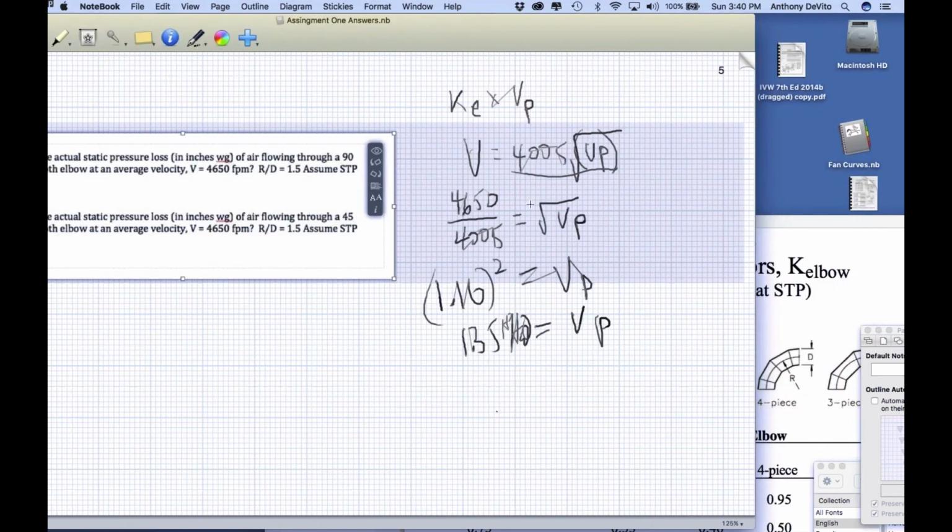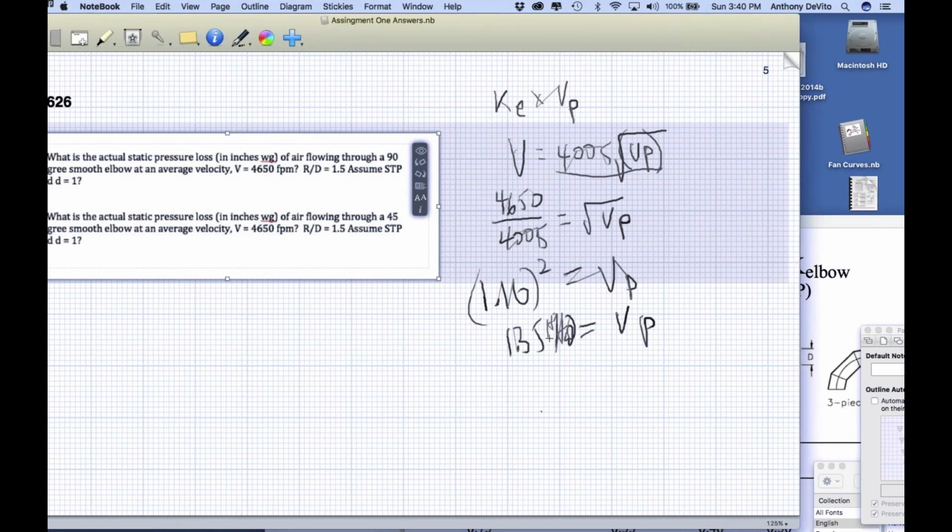Okay, so we actually wanted to know what our static pressure loss was going to be there, and our K factor there was 0.13. So our actual loss is going to be K times our velocity pressure, which is equal to 0.13 times our velocity pressure, which is 1.35. And that's going to be our static pressure loss.